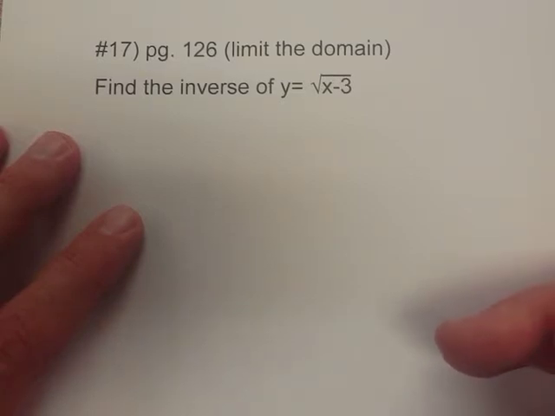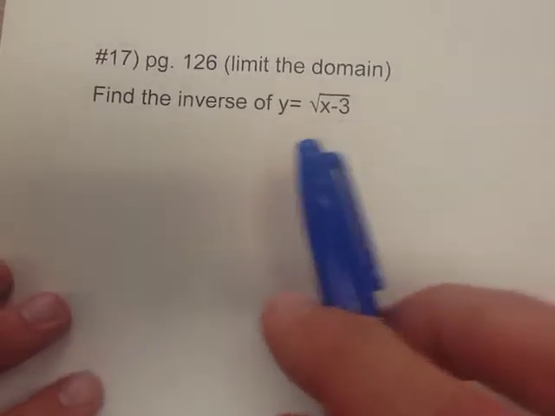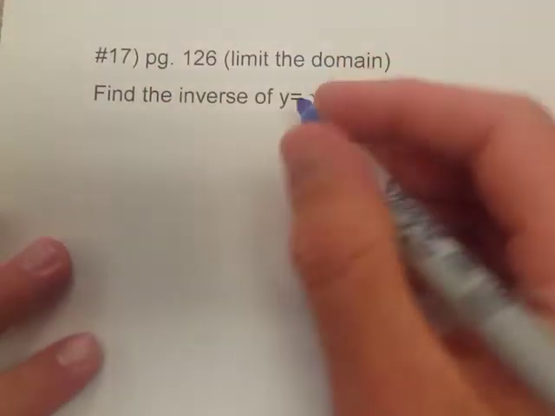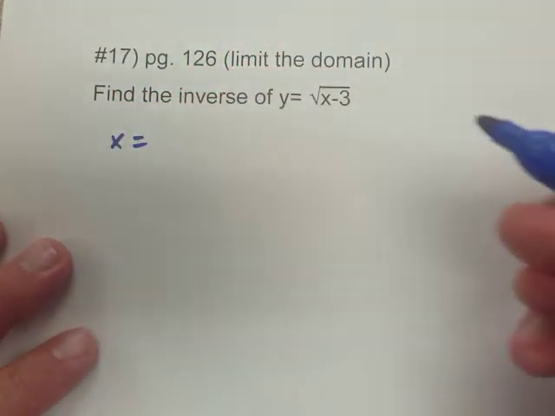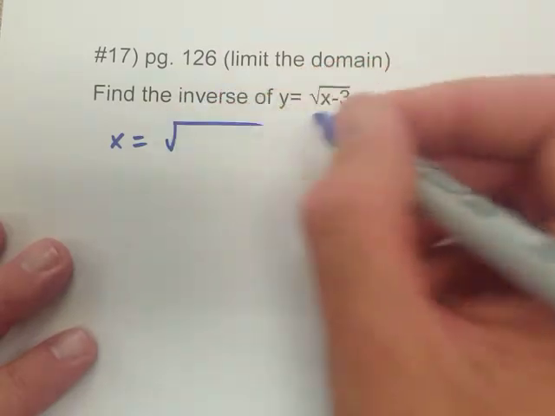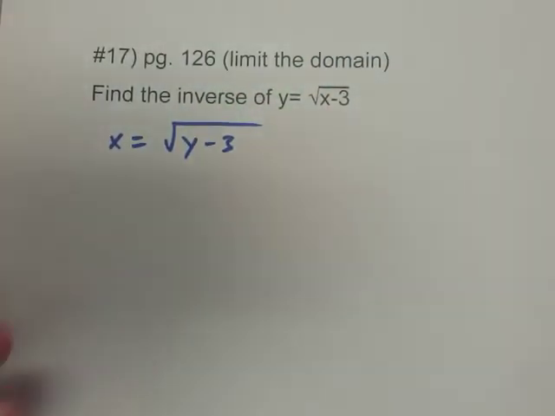So what we can do, just not looking at anything right now, I'll go with the format of the last example. I would go here and say, all right, first of all, switch x and y. All right, x equals square root of y minus 3.